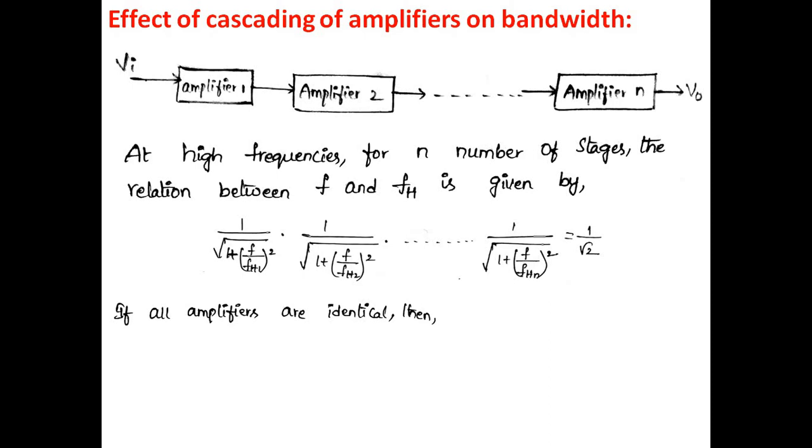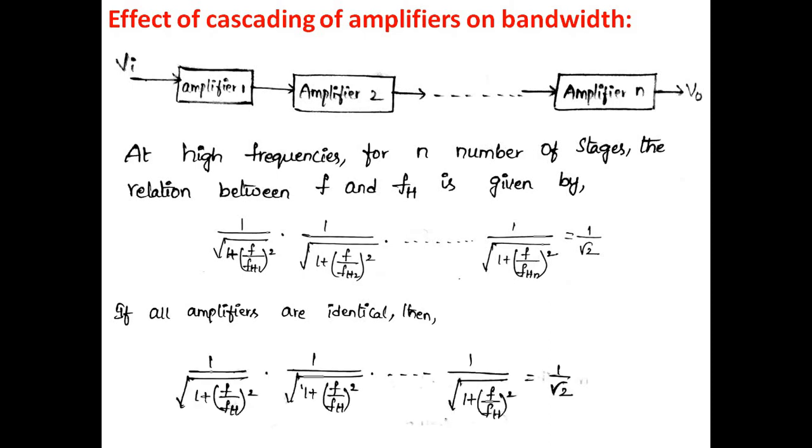Assuming that all the stages are identical, we get the formula 1 divided by square root of 1 plus f by fh whole square into 1 divided by square root of 1 plus f by fh whole square, and so on for n number of stages, which is equal to 1 by root 2. This is where you measure the gain at 3 dB, that's what we write as 1 by root 2.